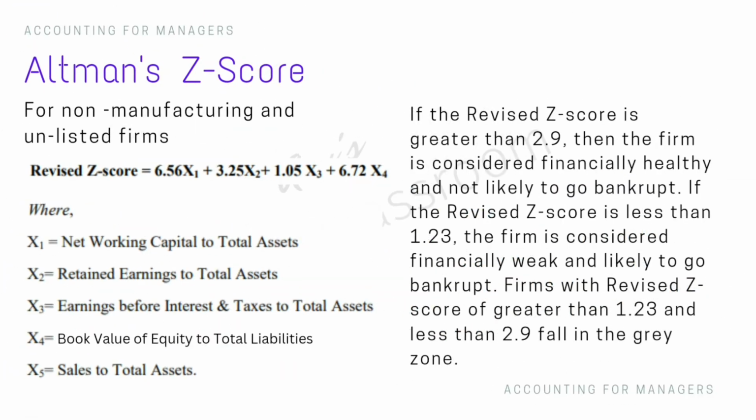Now, for non-manufacturing and unlisted firms, we have a slightly different Z-score called the revised Z-score. And the ratios are also a little bit different.